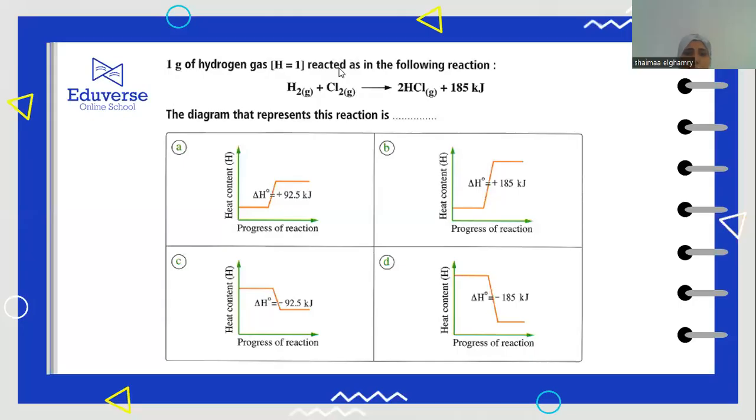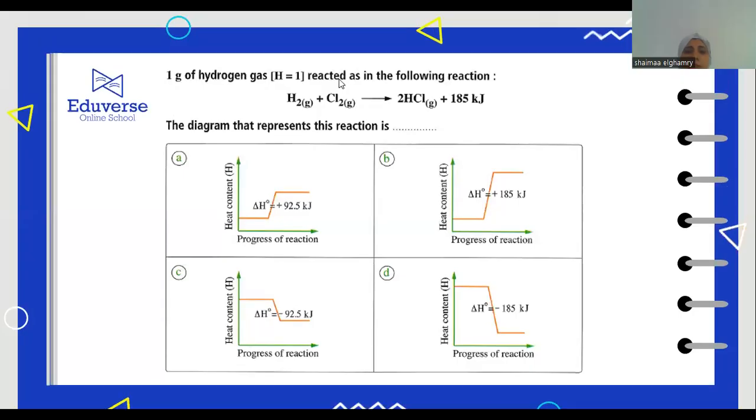Here we have an example. 1 gram of hydrogen, where the molar mass of hydrogen equals 2, reacts as in the following reaction: H2 plus Cl2 give us 2HCl plus 185.